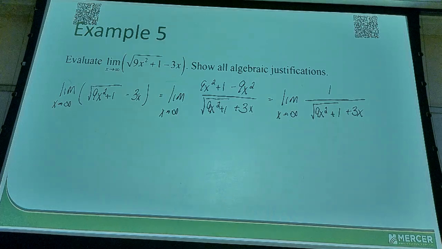You get 1 over square root of 9x squared plus 1 plus 3x. Well, if you just look at that denominator, the square root we already said is increasing without bound, right? What about 3x as x goes to infinity? Does that also increase without bound? So doesn't that overall denominator just keep increasing without bound? Which means limit 0.